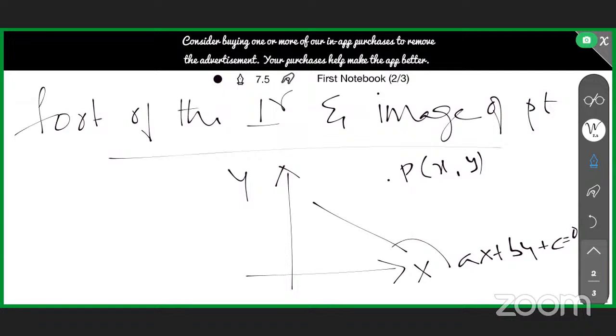Now I have to find the distance of this point to my line. How do I find the distance from this point to the line?